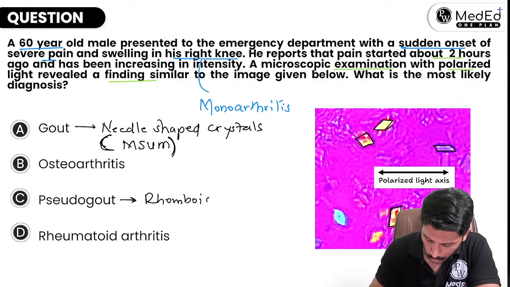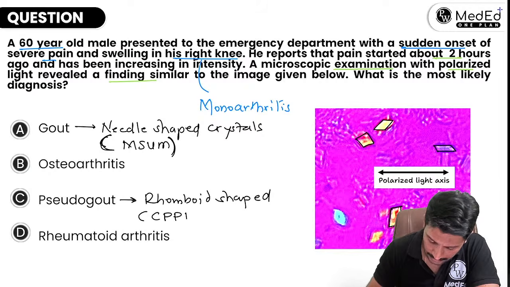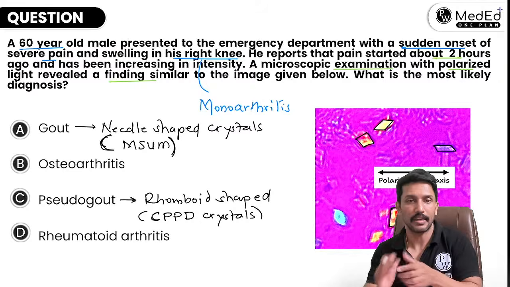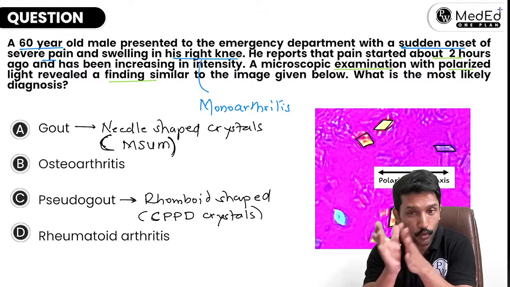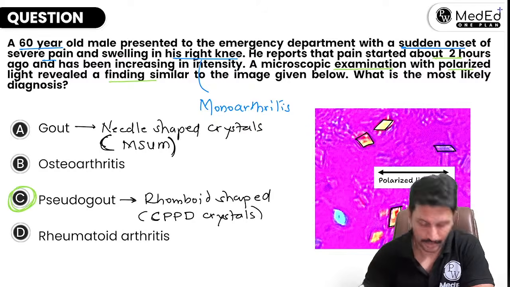And because the image is showing rhomboid shaped crystals, which are formed of calcium pyrophosphate dihydrate crystals or CPPD crystals, looking at the image, we are going in favor of pseudo gout as the diagnosis here.